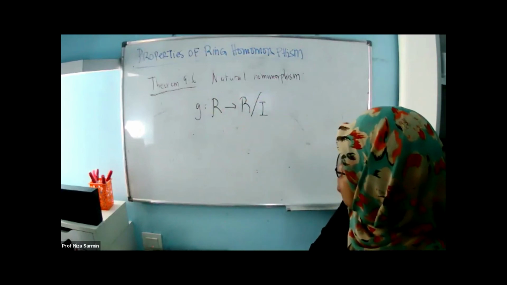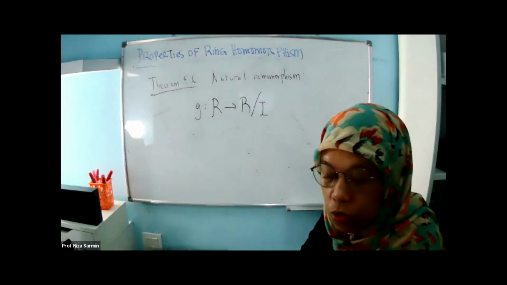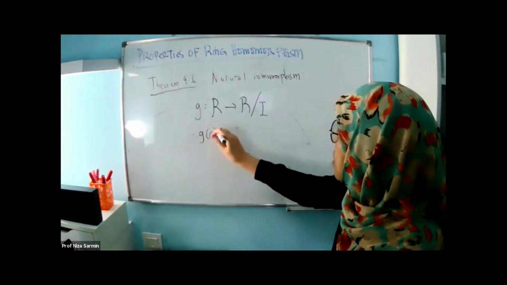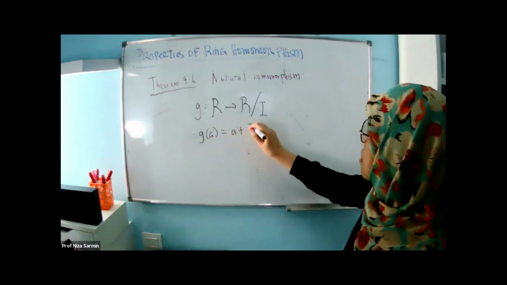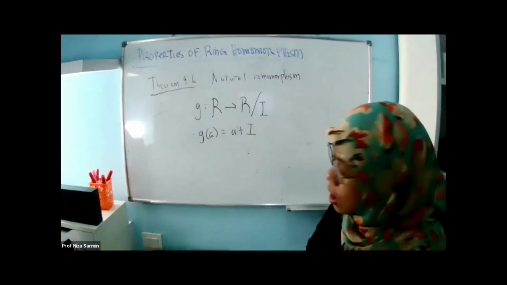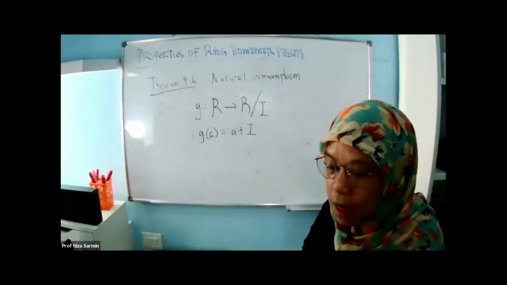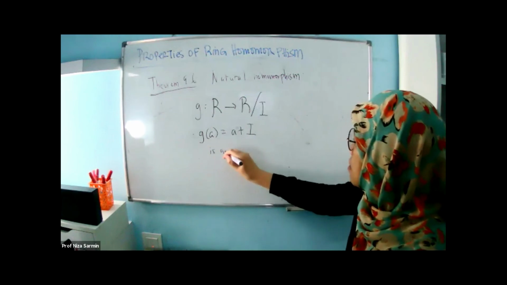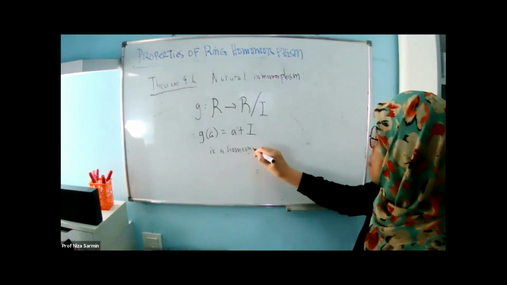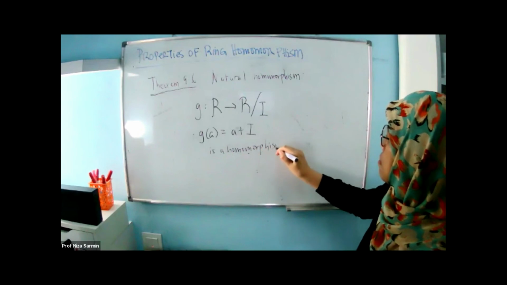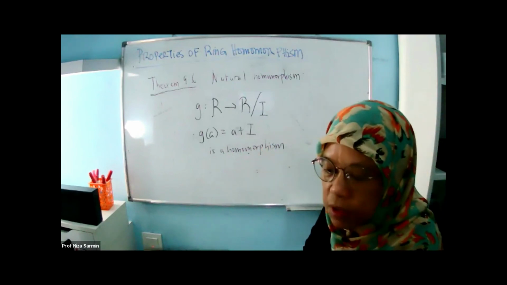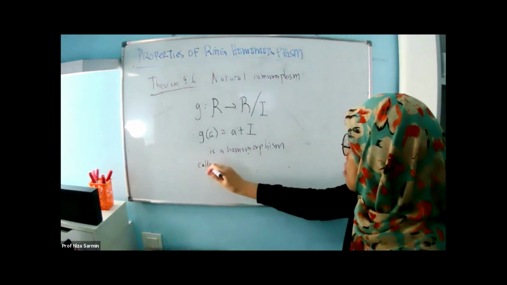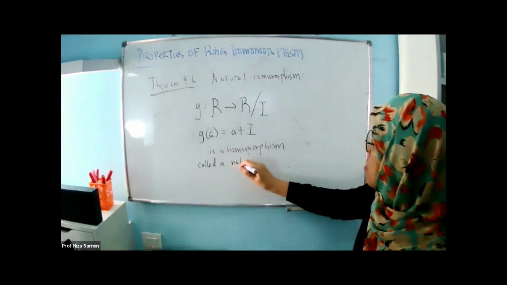You have a mapping G from R to the factor ring, and you define from A, you get a coset, A plus I. It is a homomorphism, called a natural homomorphism.